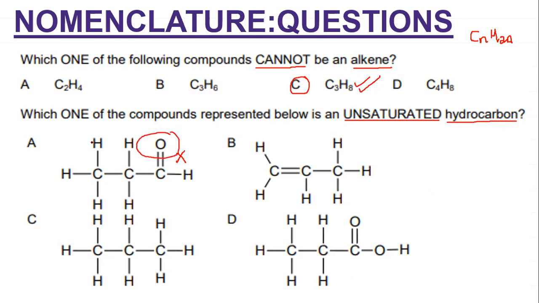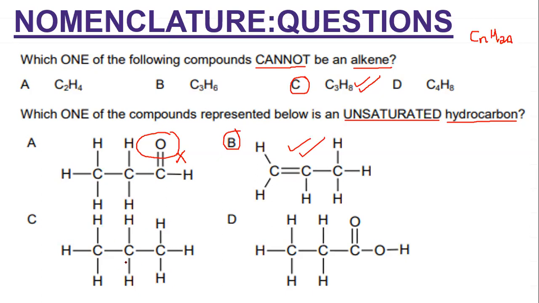So hydrocarbons are organic molecules that contain carbon and hydrogen atoms only. Then, if I look at this molecule, is it a hydrocarbon? Yes, only hydrogen and carbon atoms, so I'm happy with that part. Is it unsaturated? Yes, it is unsaturated because it has a double bond between carbon atoms. So this definitely is the correct answer.